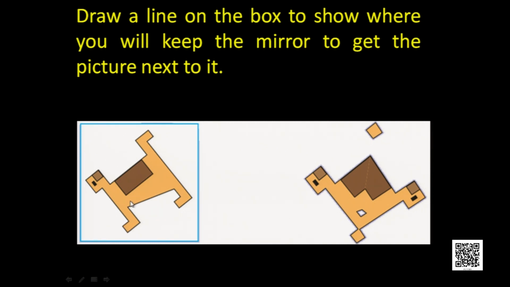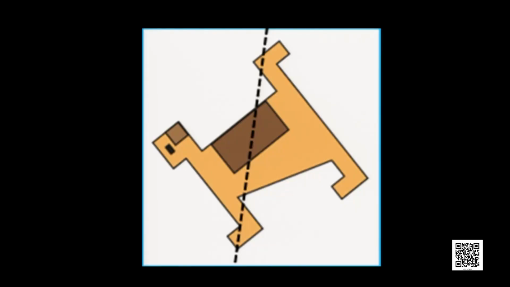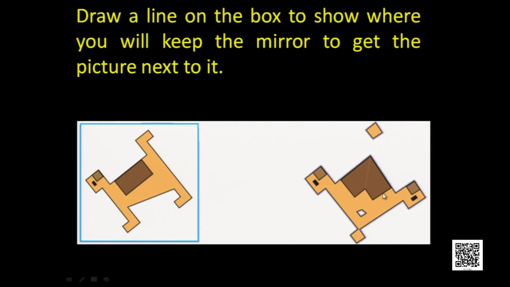If I draw this line along this, then I am getting a triangle. Its image will be another triangle. If I join them together, I will get a square. So I have to draw the line here like this. You see, like this, we have to draw the dotted line where we have to keep the mirror, so that I will get the image in the right side like this.